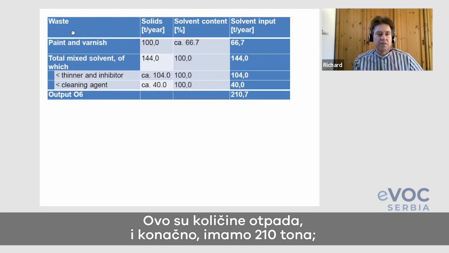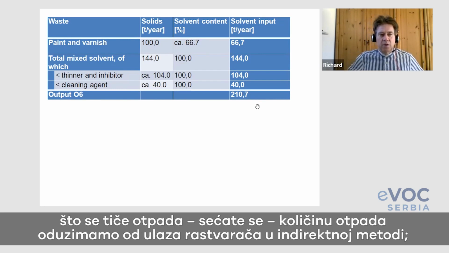Here is the quantity of the waste. So you see that's the waste. And finally, we have here 210. According to the waste, remember, the quantity of the waste we subtract from the solvent input when we use the indirect method.